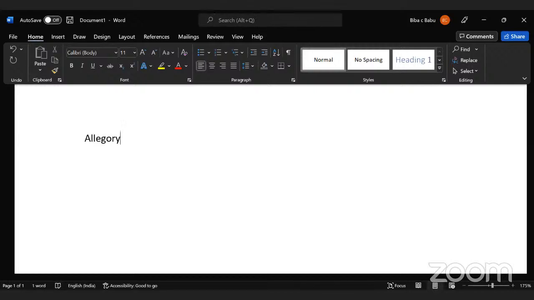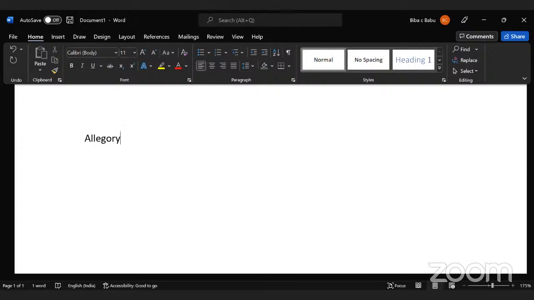Allegory. So allegory is a story in which the characters represent abstract qualities or ideas. It is a kind of story where we have characters, and those characters represent some abstract qualities. For example, we have Ramayana. In Ramayana, we have 2 major characters, right?